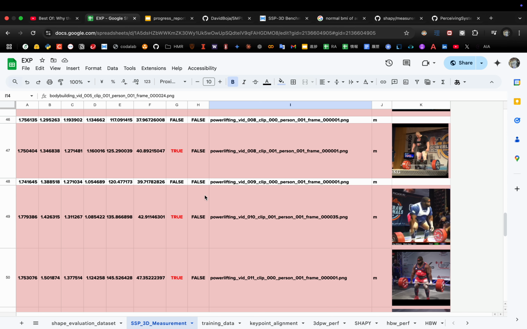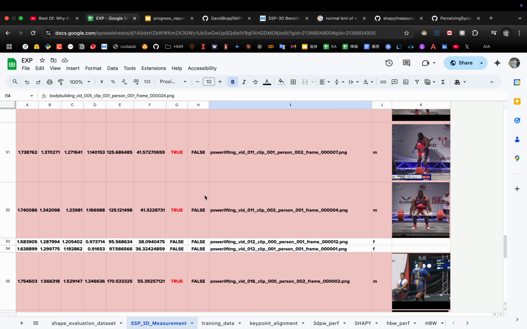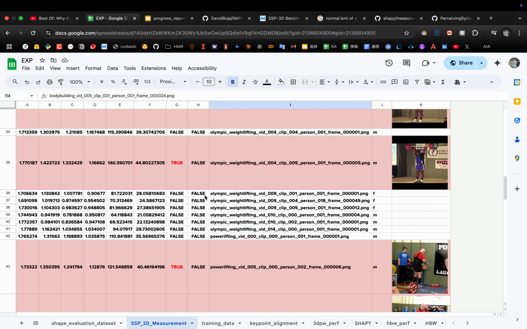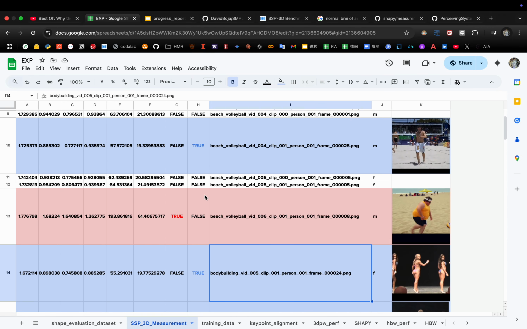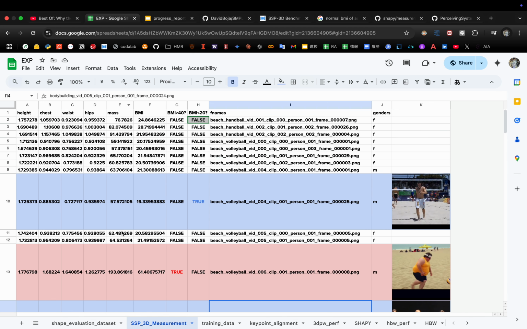A very simple example: for the same BMI, the body weight is calculated based on the assumption that everyone has a constant body density.